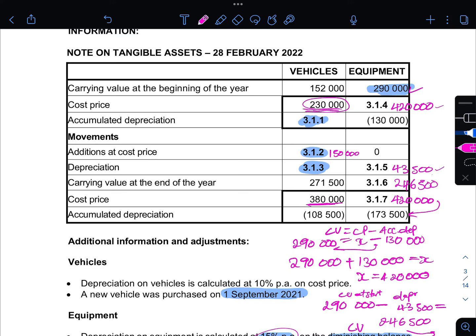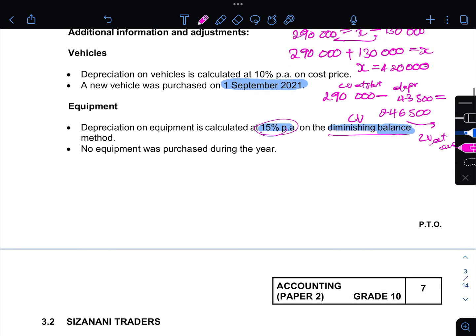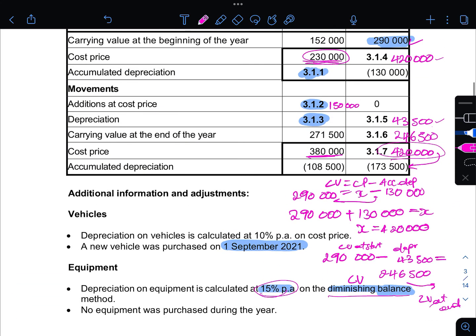Okay, so that is not always the case, because here your cost price might have changed because of additions at cost price. But in this case, we don't have any additions, so we proceed with the 420,000. Okay, so I think we can simply move on.